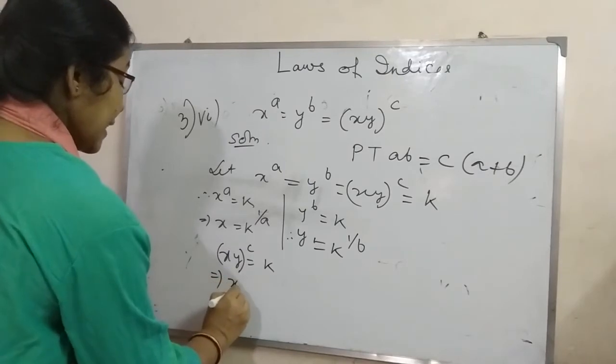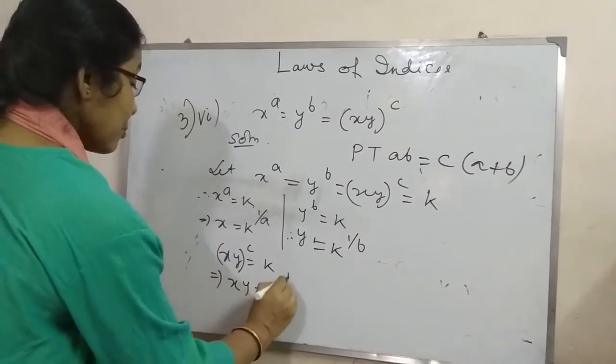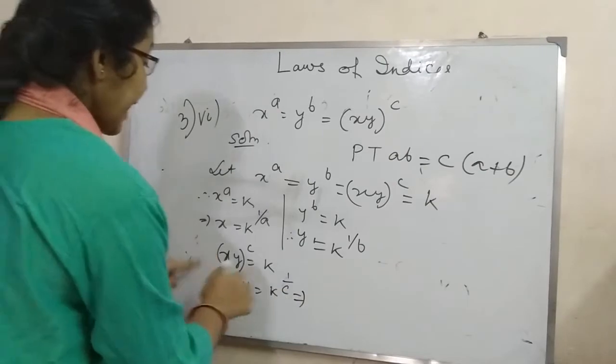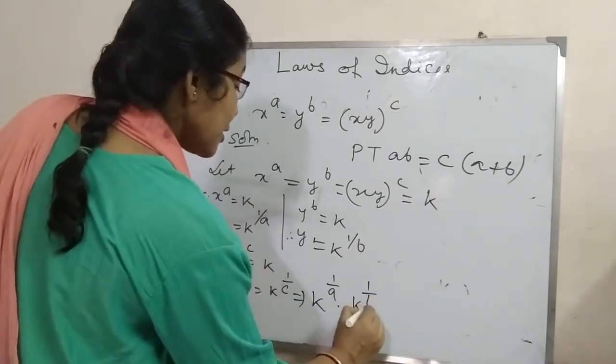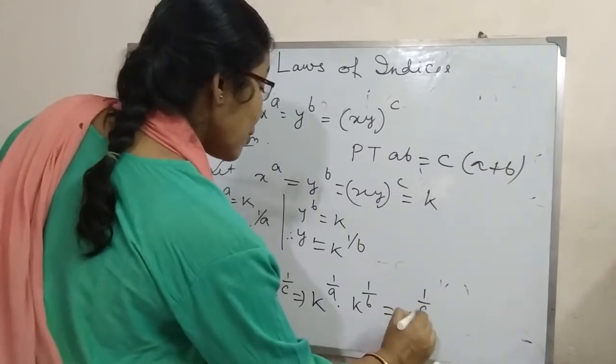So I can write xy equal to k to the power 1 by c, and for x I can write k to the power 1 by a, and for y I can write k to the power 1 by b, equal to k to the power 1 by c.